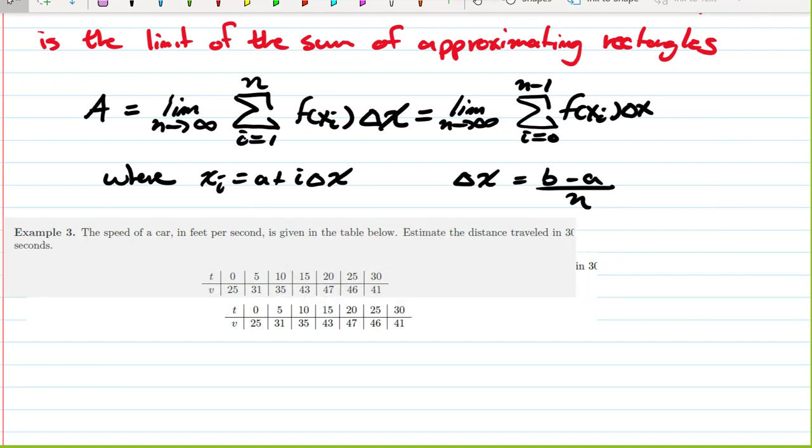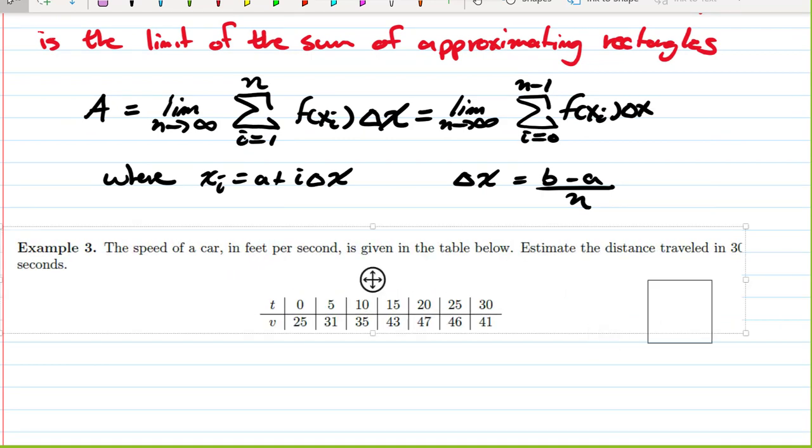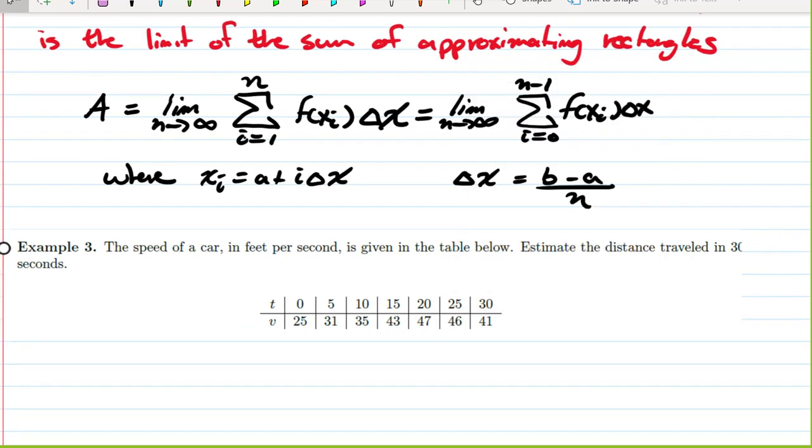The speed of a car in feet per second is given in the table below. Estimate the distance traveled in 30 seconds. So we have our input is time and our output is velocity in feet per second.